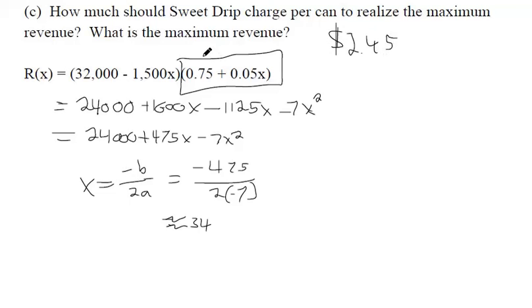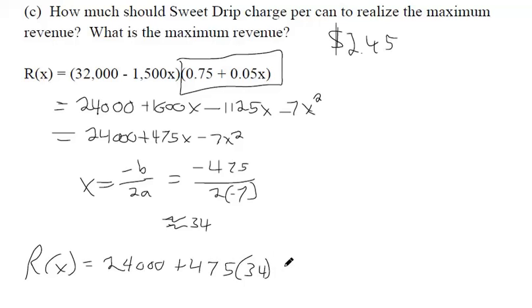And now what is the maximum revenue? That's where you plug 34 into the entire function for revenue. You could do it in this top one or this bottom one. They're both going to give you the same thing because we just rearranged it. So I'll plug it in the bottom one because there's one less x to plug in. So I'm replacing x with what I found the maximum to be, 34.